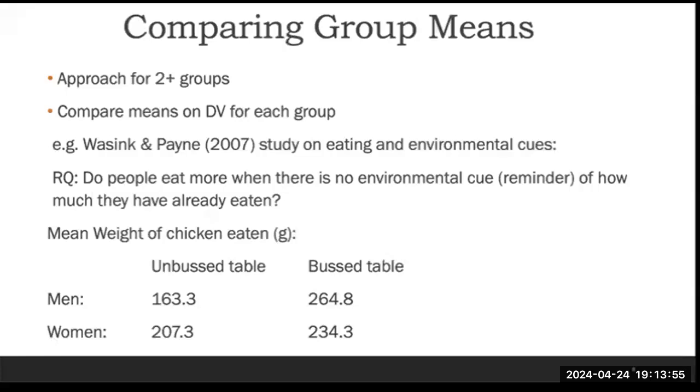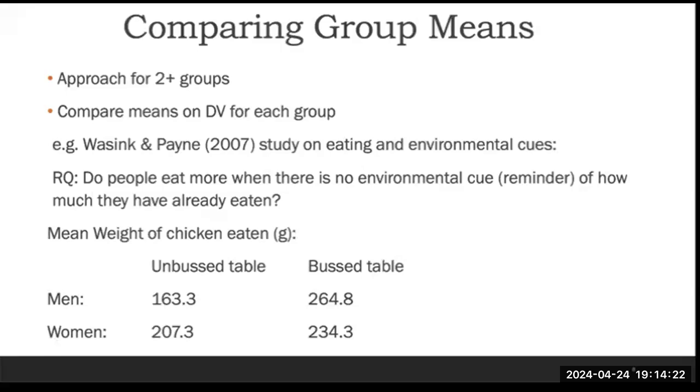So they brought participants to a restaurant, and the groups were male and female, men and women. And it's either they were going to an unbussed table, meaning they left all the wing bones on the table, or they ate at a bussed table where the servers continually took away the bones. So unbussed table means there's a reminder of how much you're eating, right? A bussed table means it's gone.